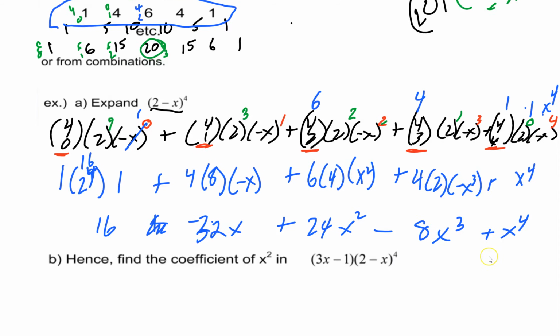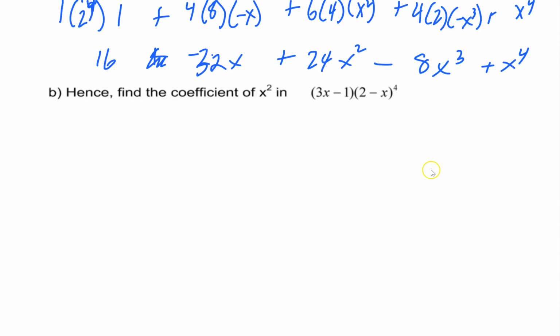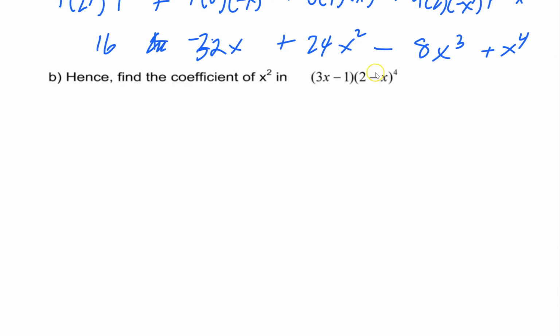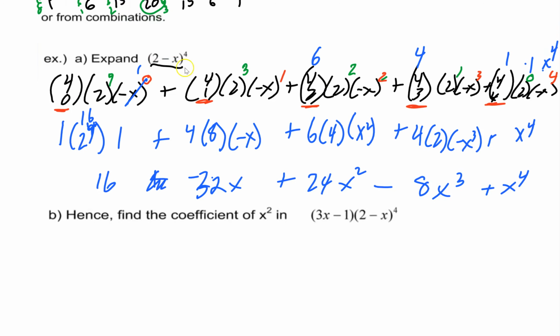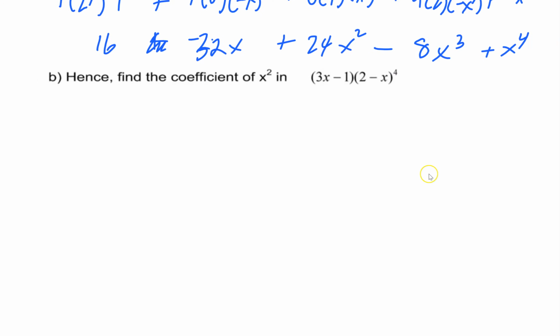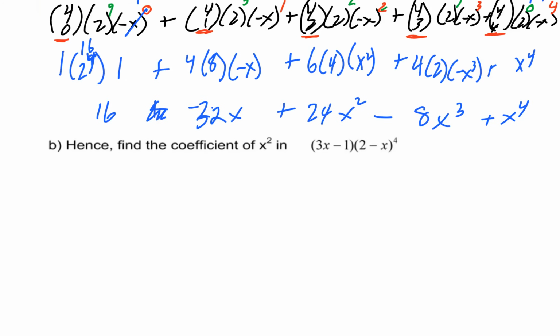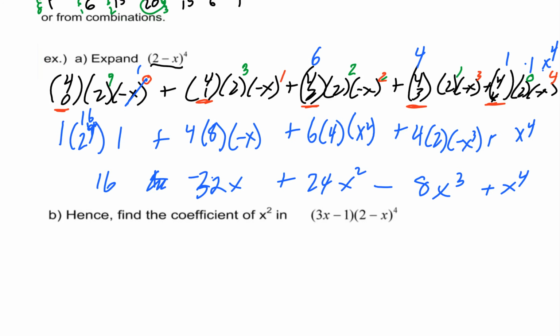So now look at this classic IB problem right here. Now that you have that answer, they're saying, hey, find x squared when you multiply this by this. So keep in mind, we already figured out the second part, 2 minus 4x. So this is a harder example of binomial expansion. And remember, every single IB test has a binomial expansion problem. Every single one.